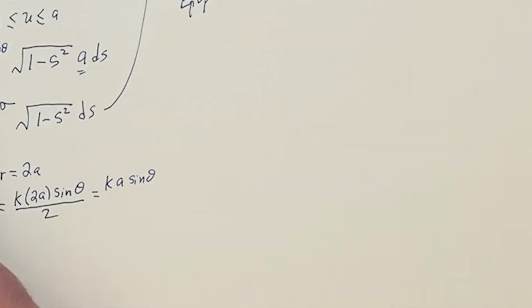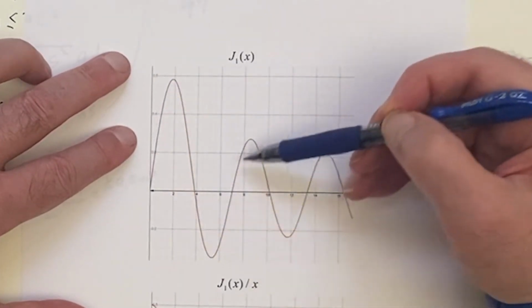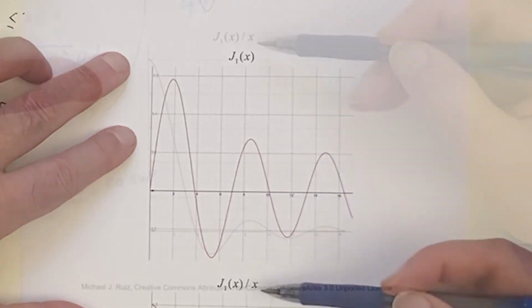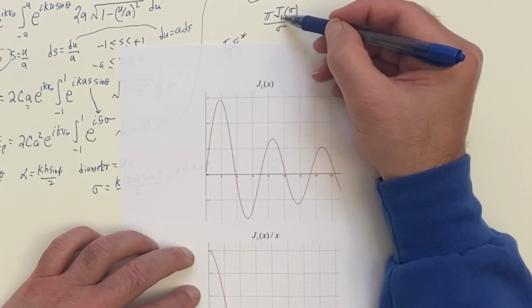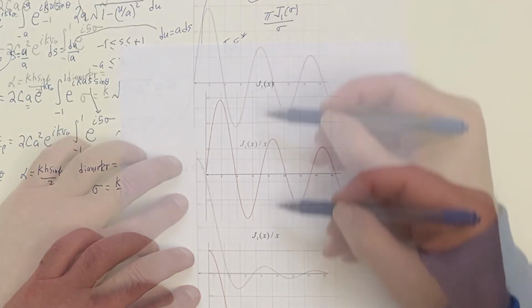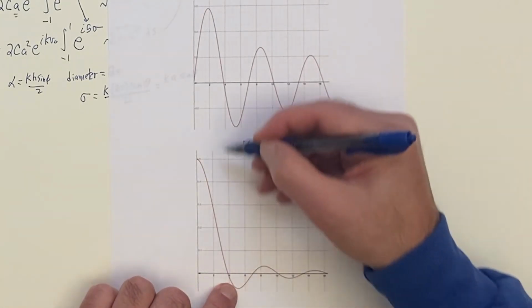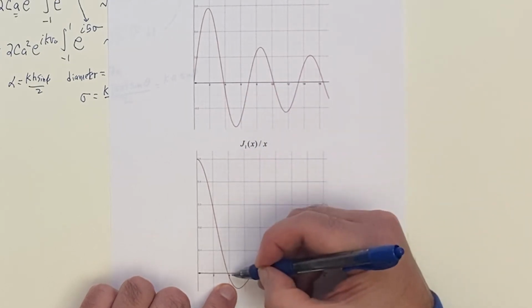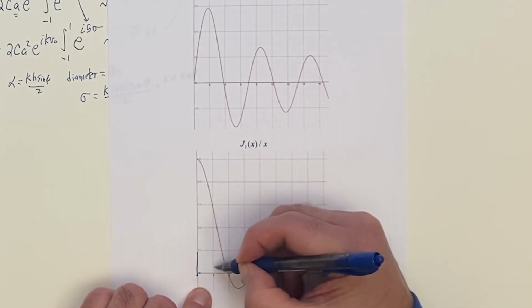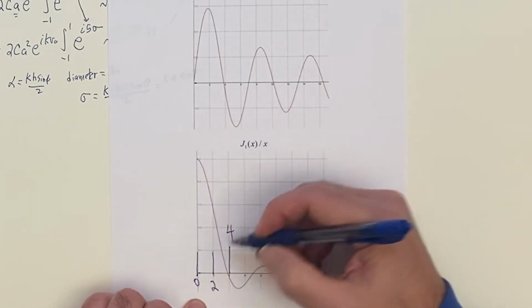And then here we're going to look at this thing. J1 does this. And then J1 divided by x, because see, this is of the form J1 of x over x. You then have this. And notice that the first minimum occurs, we're going to be squaring this thing, but here, look at this 0. These are your coordinates here. This is 2, this is 4, this is the 0 line.